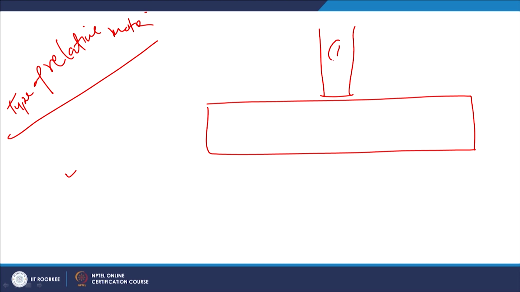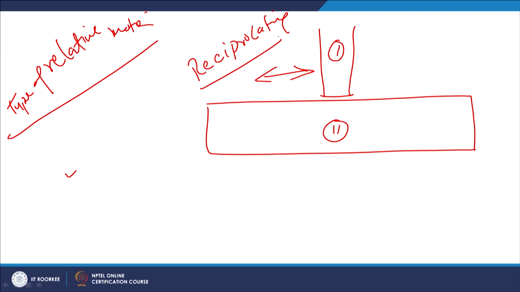If this is component 1 and this is the counter surface, then the movement is either reciprocating or unidirectional. These are the two possible situations.